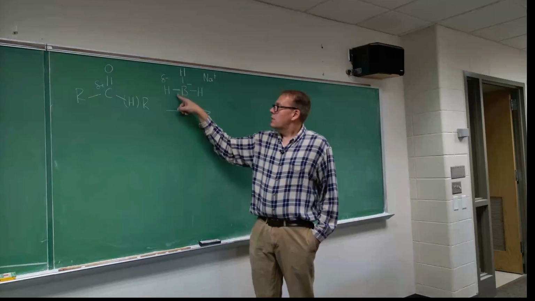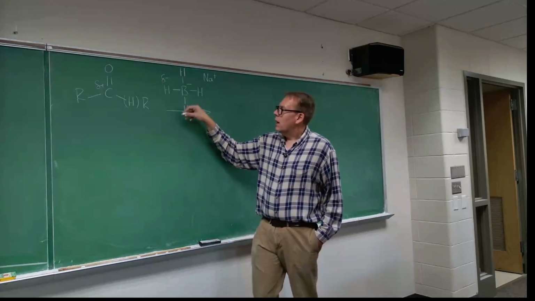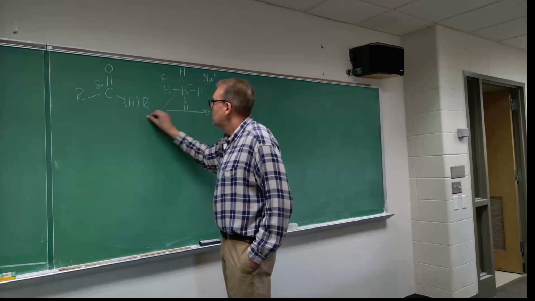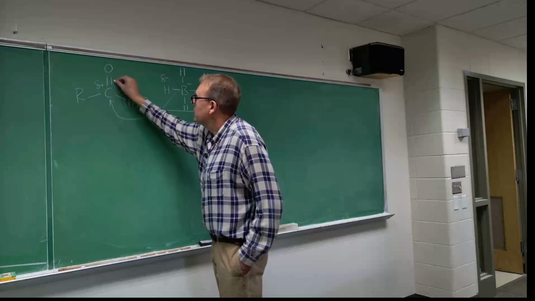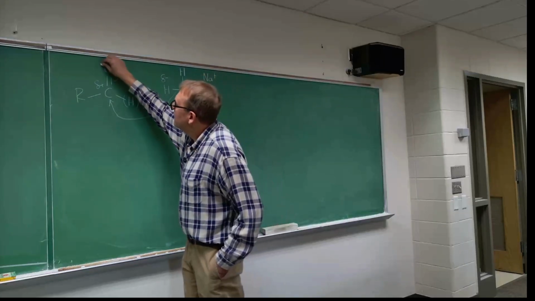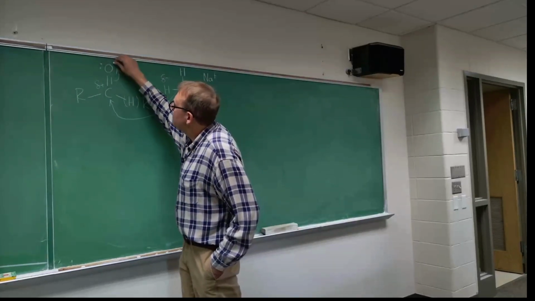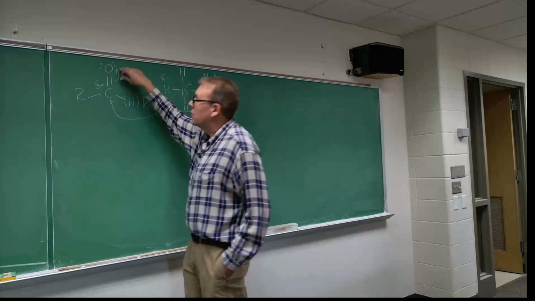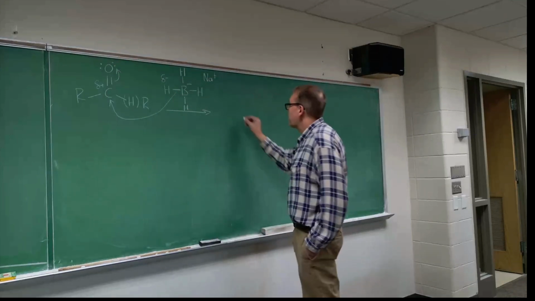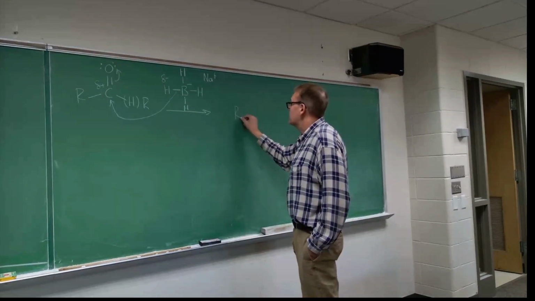So the electrons in this hydrogen-boron bond go to attack that carbon, make a new bond to it. This oxygen has 2 lone pairs, and what I'm saying with this arrow is it's going to get another one. And we're going to get an intermediate that looks like this.